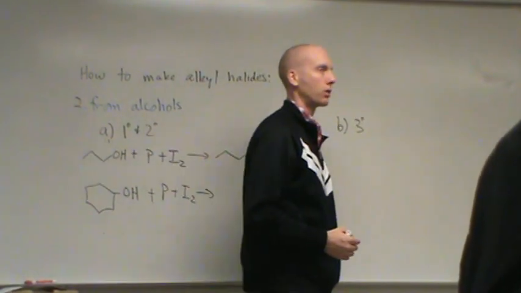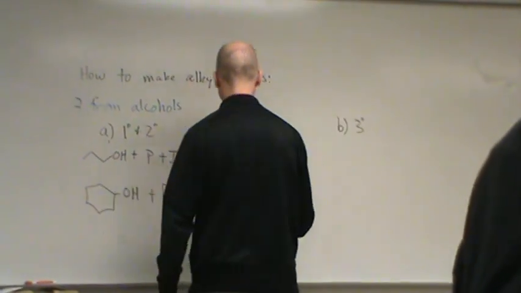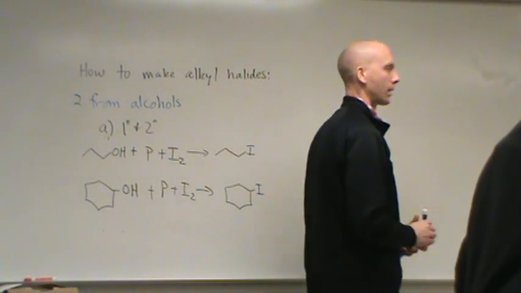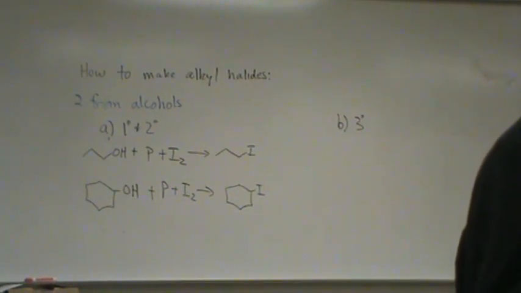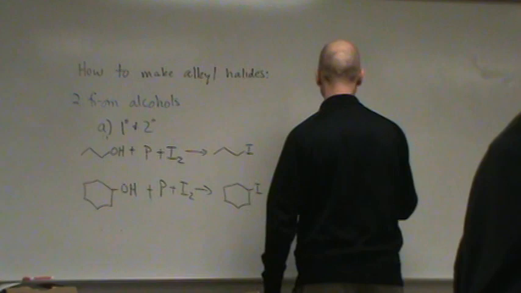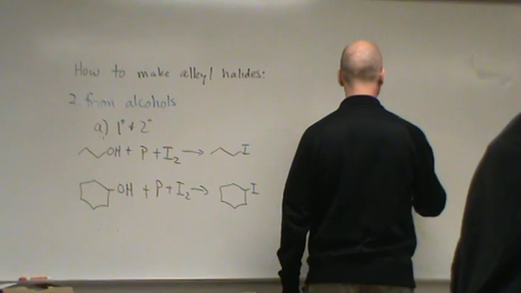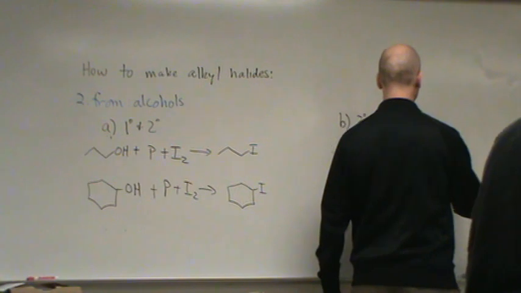I would use the mixture of phosphorus plus iodine and get iodocyclohexane. But if I wanted the tertiary, I would use what? HI. And that would give me T-butyl iodide.